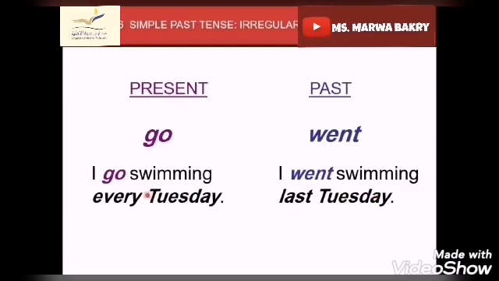What is the difference between the two examples? Here we use the verb go in the present because we say every Tuesday, but here we say last Tuesday, so we use the verb went. We saw before that every we use in the present and last in the past simple tense.